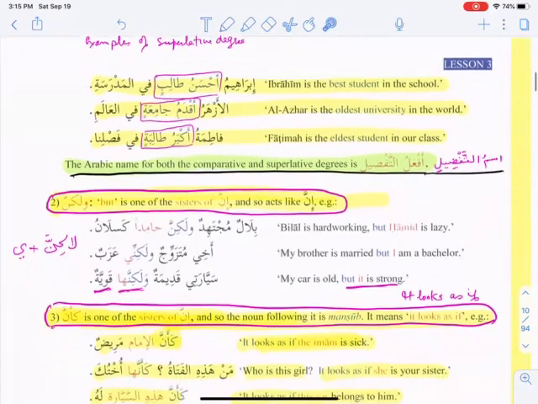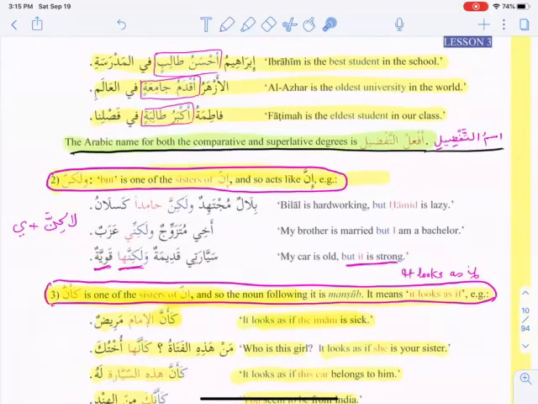Alhamdulillah. Now we come to Ka'anna. It is one of the sisters of Inna, and so the noun following it is mansub. It means, it looks as if. That is the meaning of Ka'anna. Ka'anna al-imama. Do you see here?